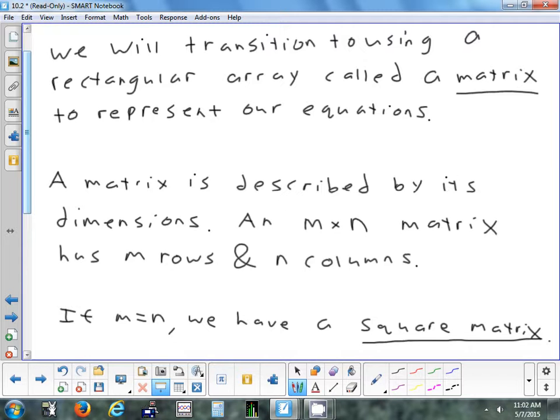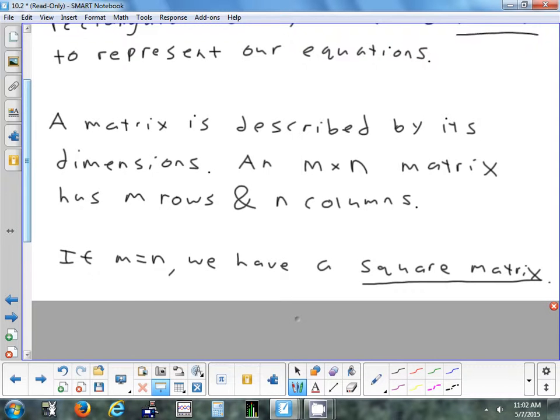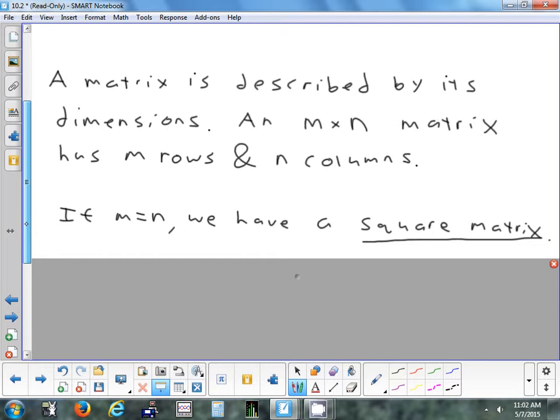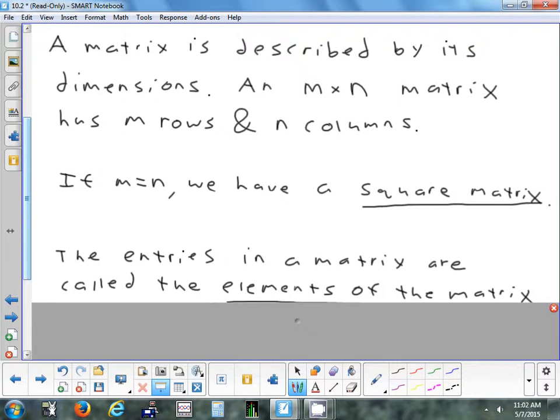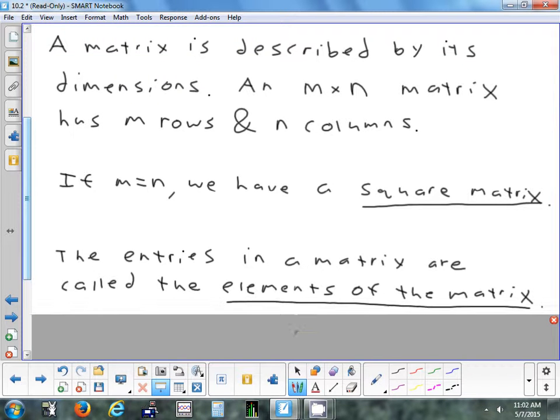If the number of rows and columns is the same, that's called a square matrix. Like a 2 by 2 or 3 by 3. The entries, the individual numbers that we're going to put in the matrix, those are called the elements of the matrix.